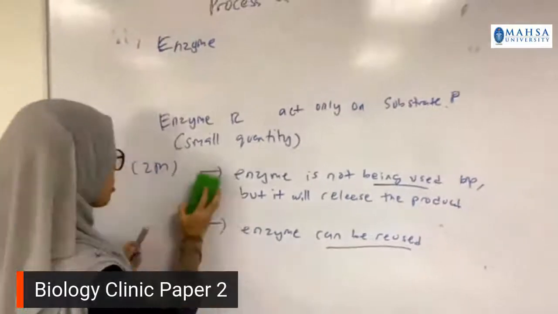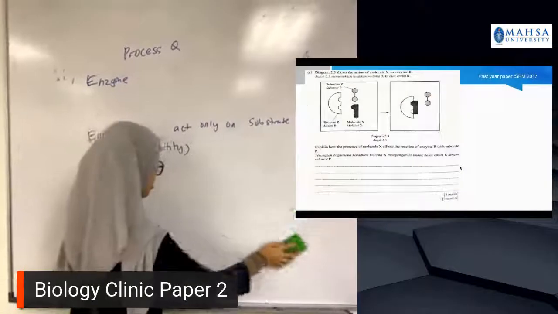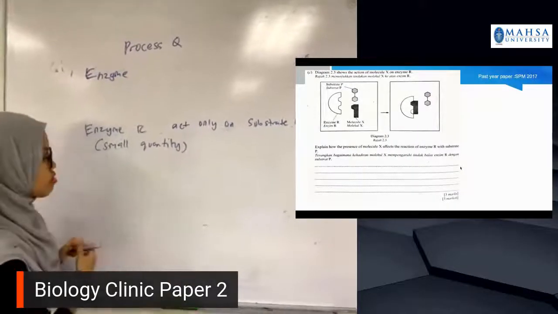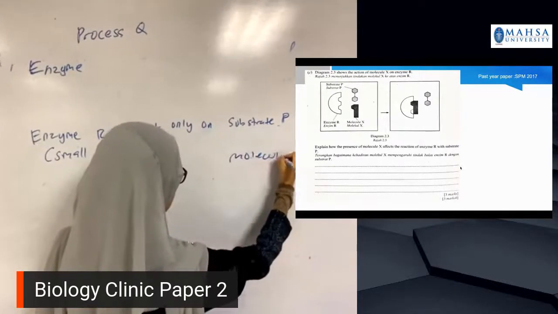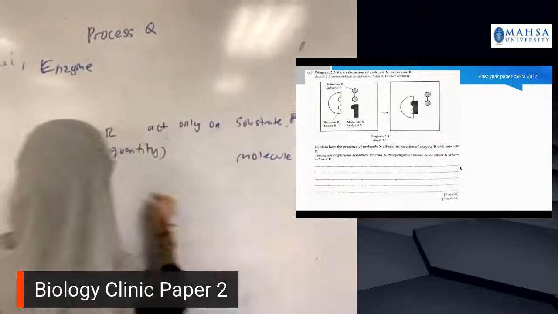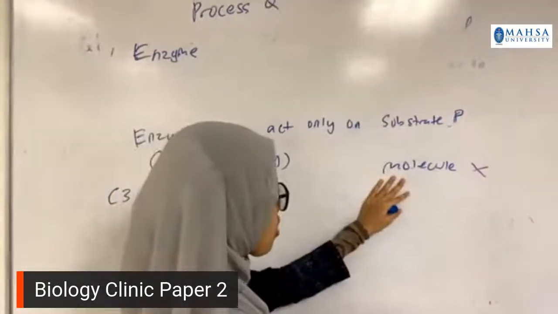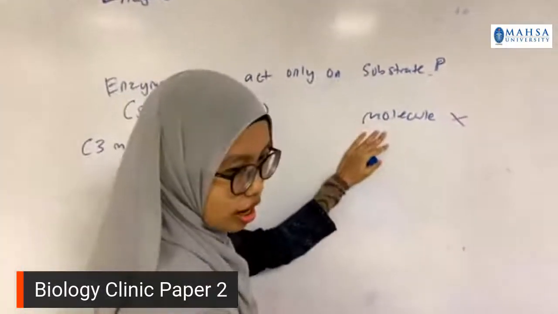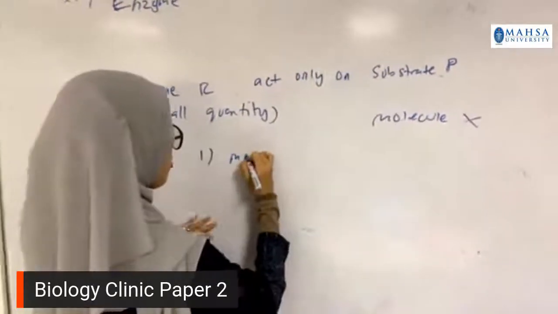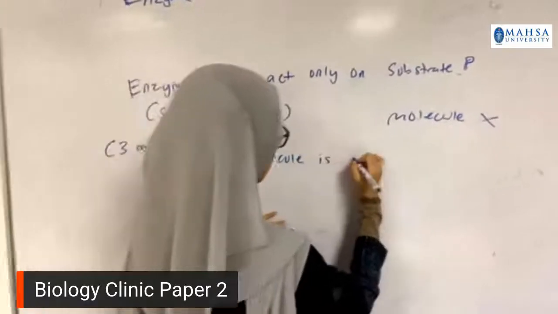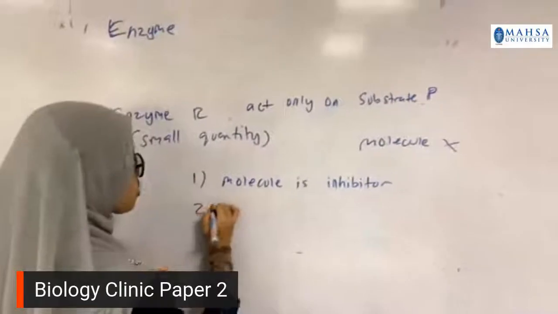Okay, the next one, Sir Alex. Explain how the presence of molecule X affects the reaction of enzyme R with substrate P. This is 3 marks. For this one, you need to identify what is molecule X. Basically, molecule X is an inhibitor.